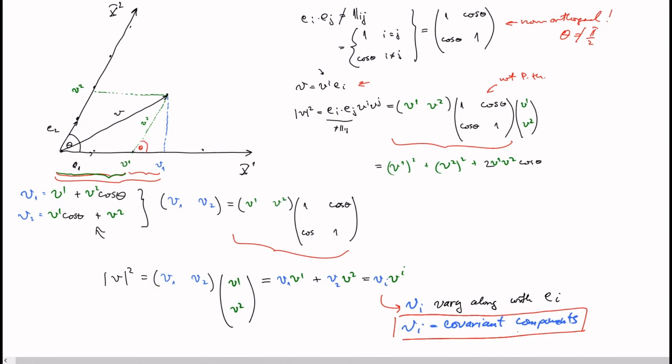But there are a few things that I should mention. The first thing is that if you name covariant and contravariant components and you want your abstract vector to be expandable in both covariant and contravariant components, then there has to be some sort of basis, right?